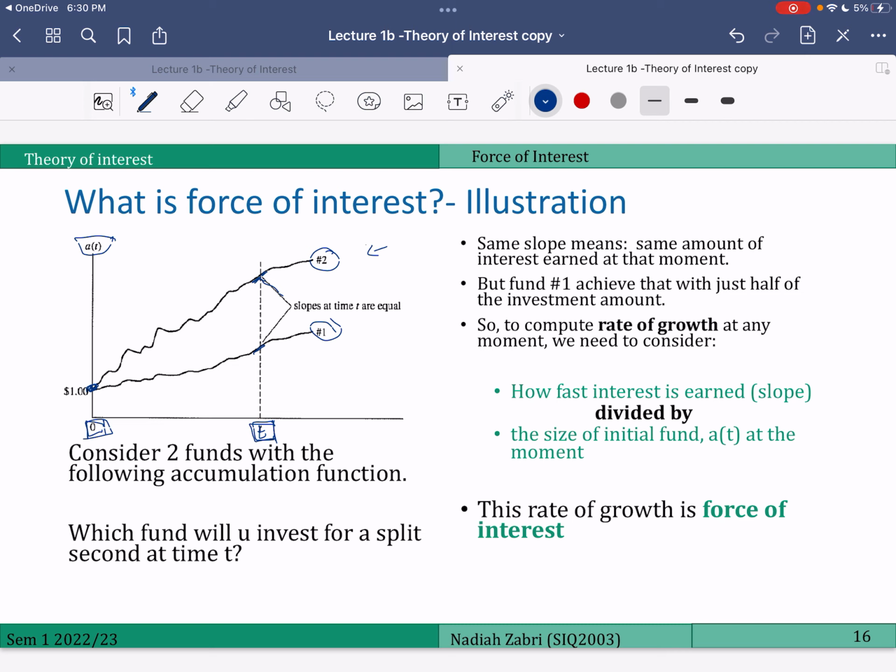So the answer would be actually fund number 2 has a better force of interest. Why is that? Okay, same slope. What does the same slope mean? Same slope means that they are earning the same amount of interest at that specific moment in time. So for example if this one is earning 10 cents, this one is also earning 10 cents.